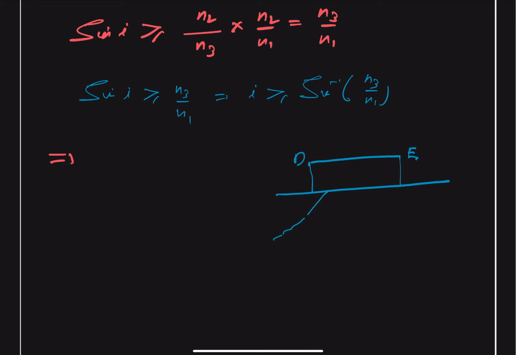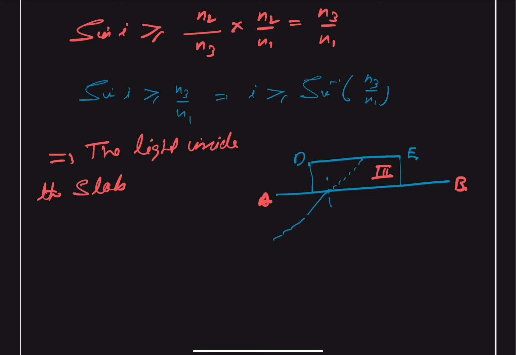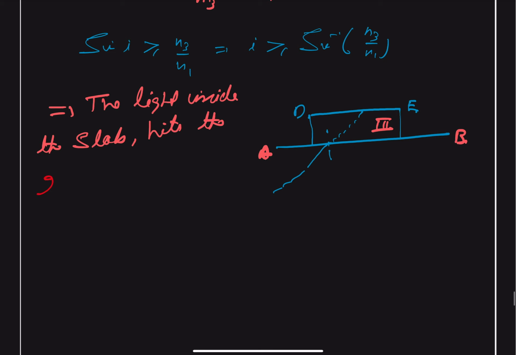The ray, or the light, inside the slab, which is our medium 3, hits the second face, which is our DE.